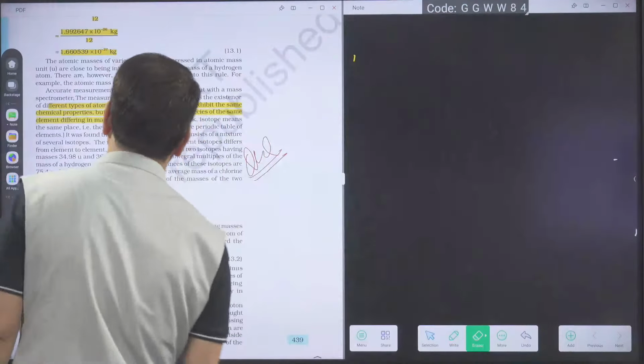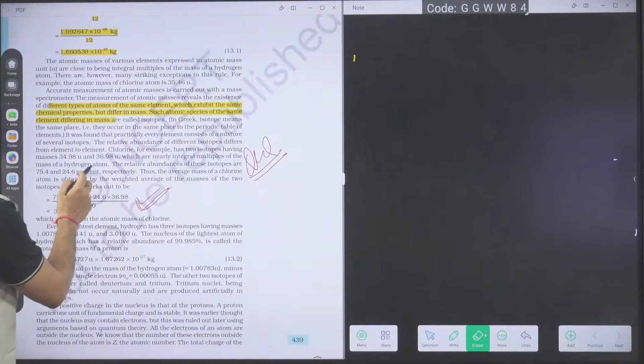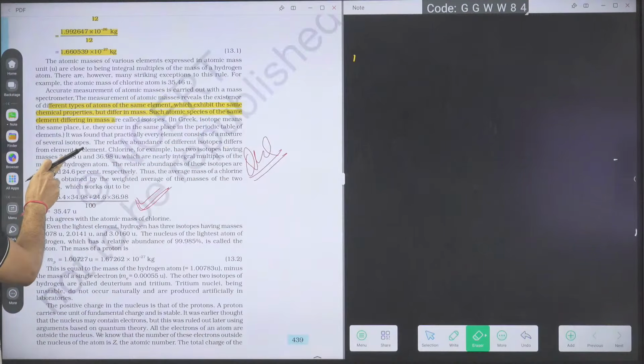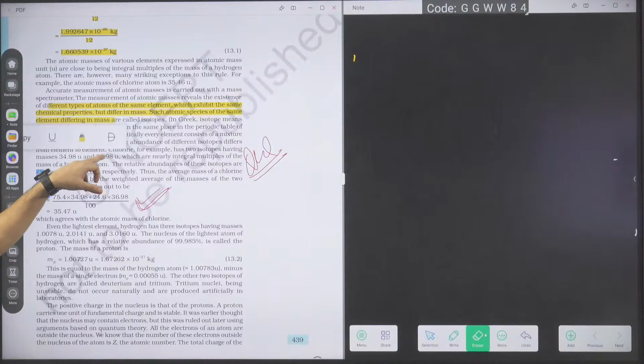Like here, this question has given, for example, chlorine has two isotope masses: 34.98 and 36.98 u. Their percentage in the atmosphere is 75.4 and 24.6. It means 34.98 is 75%, and the 36.98 isotope is 24.6%.